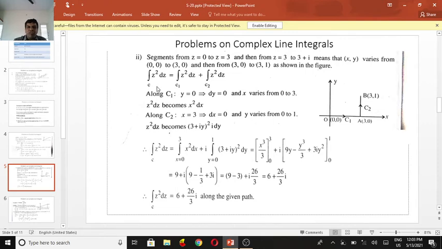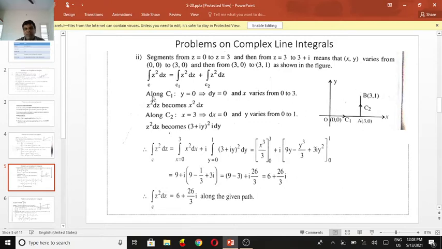So the integral of z square dz, this is a line from C1 to C2. The sum should be equal to C1 plus C2. So the integral of z square dz is equal to the integral over C1 of z square dz plus the integral over C2 of z square dz. Taking the graph, C1 is from 0 to A, then A to B is C2.